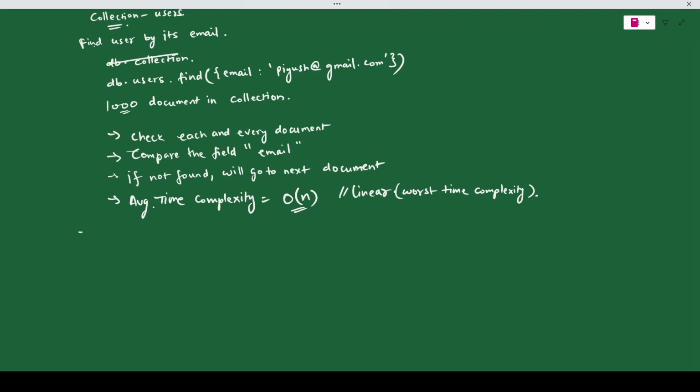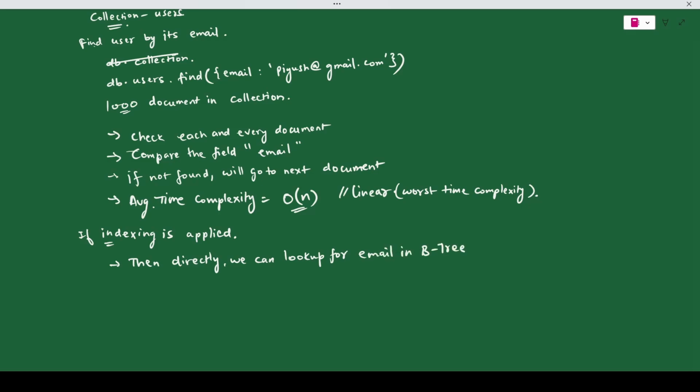And if indexing is applied, then directly we can look up the email in the B-tree, with the pointer pointing to the document, and we can retrieve the result.